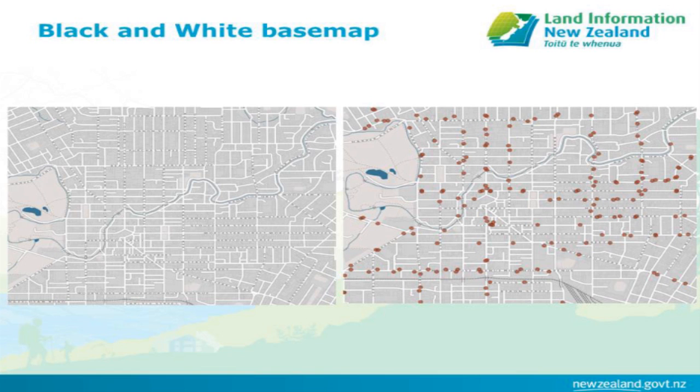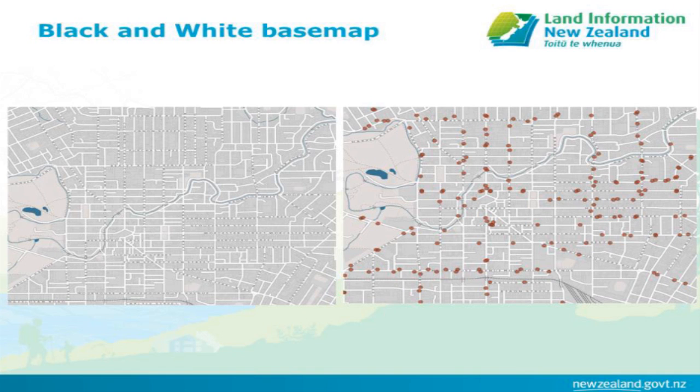It's styled in a way that some information displays at the higher scales and doesn't display at the lower scale. So for instance, maybe the high level Topo 500 or 250 information displays at those higher scales, and then as you start drilling in, things like parcels and roads and labels and stuff will turn up. As you can see here in this example, we've got just the plain base map here on the left-hand side, and we've got a zoom in around the Christchurch CBD.